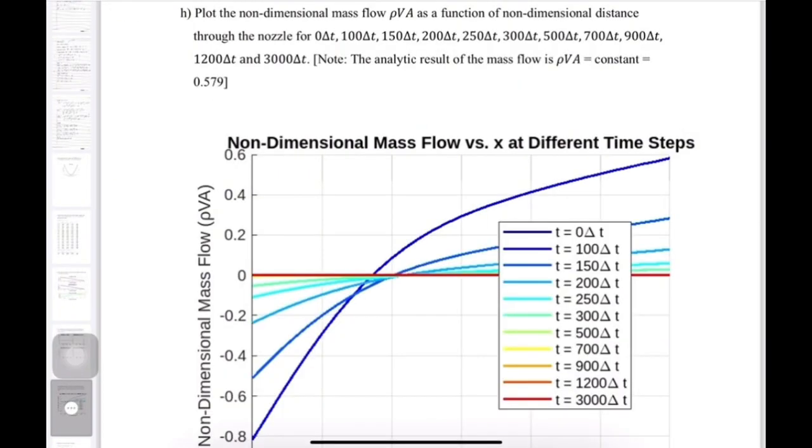Next, question H. Plot the non-dimensional mass flow rho V A as a function of non-dimensional distance through the nozzle for 0 delta t, 100, 150, 200, 250, 300, 500, 700, 900, 1200, and 3000.